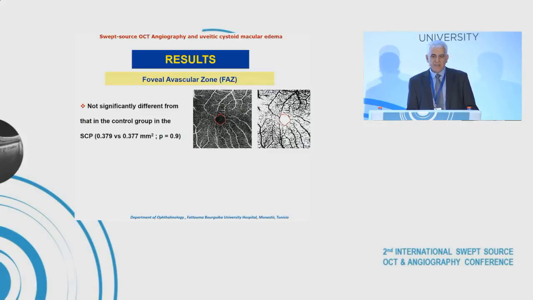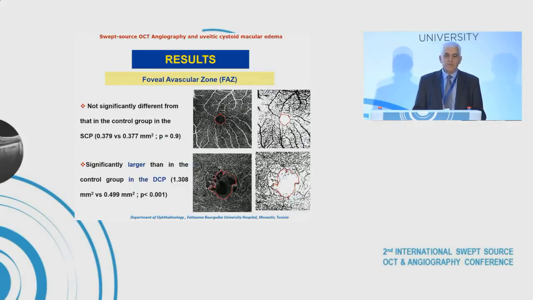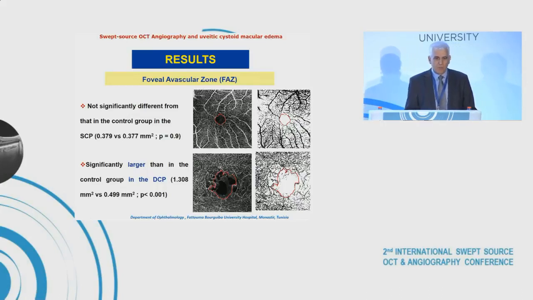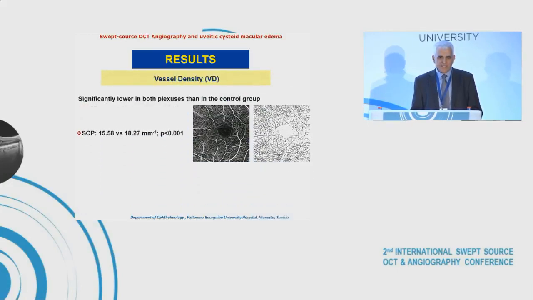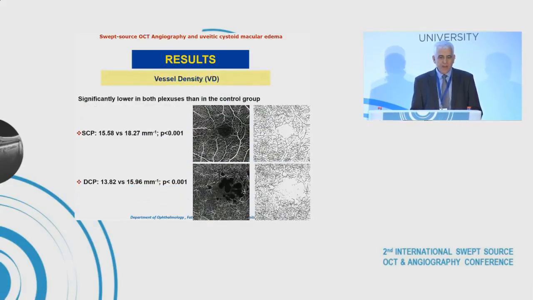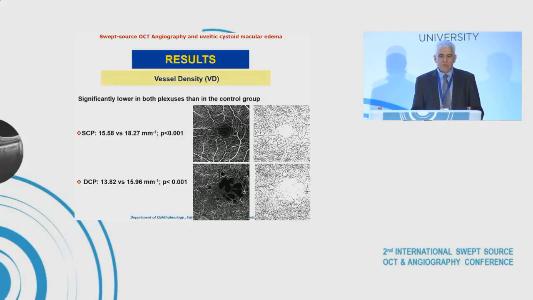The foveal vascular zone was not significantly different from the control group in the superficial capillary plexus. However, it was significantly larger than in the control group in the deep capillary plexus. The vessel density was significantly lower in both plexuses than in the control group.